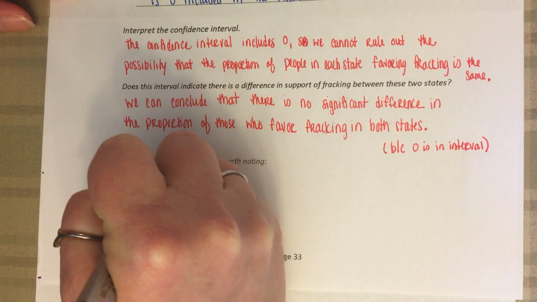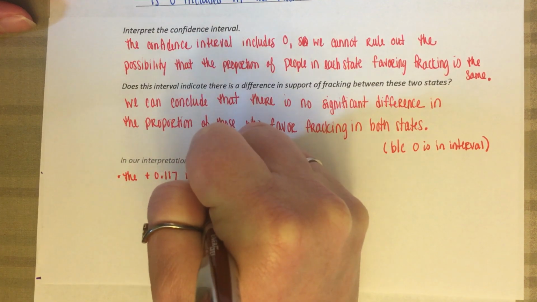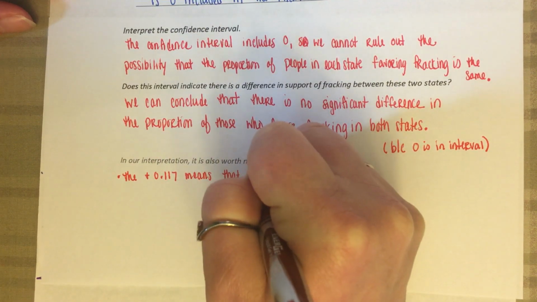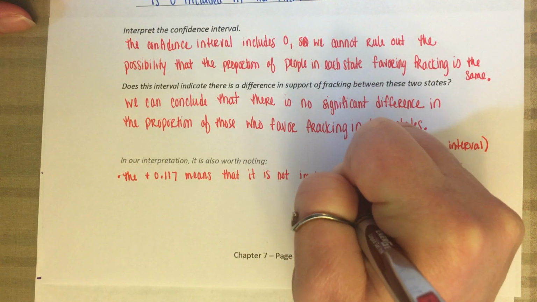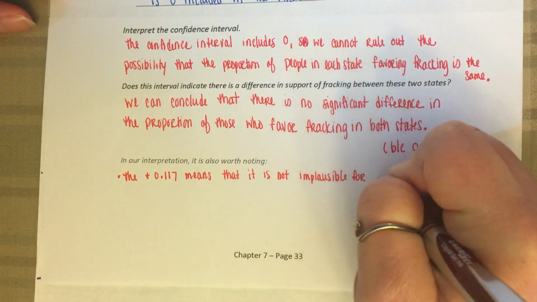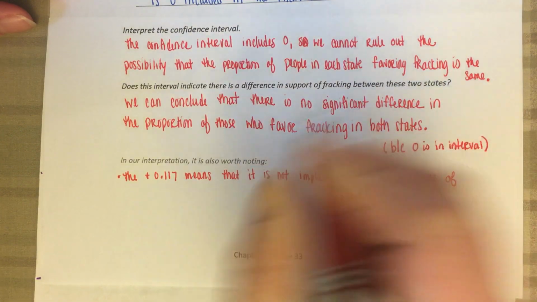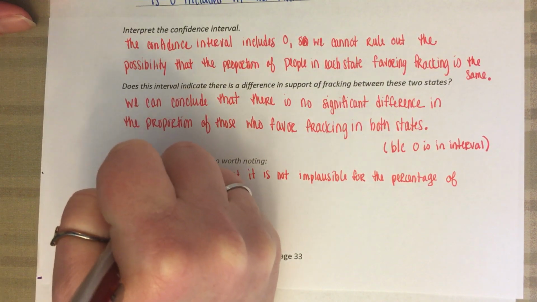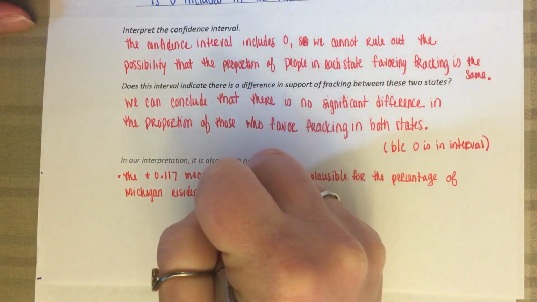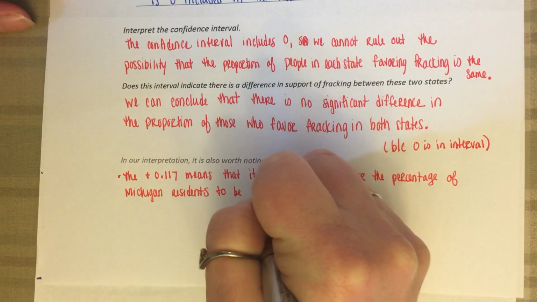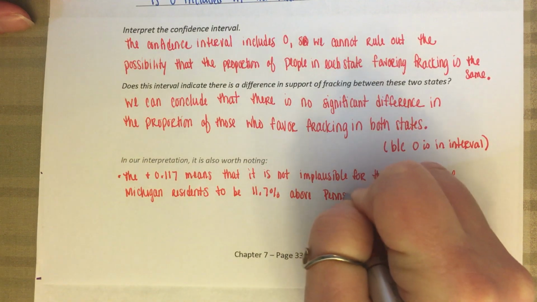And we're going to start with stating the positive 0.117 means that it is not implausible for the percentage of Michigan residents to be 11.7% above Pennsylvania residents.